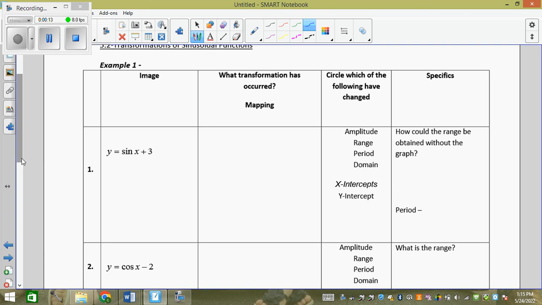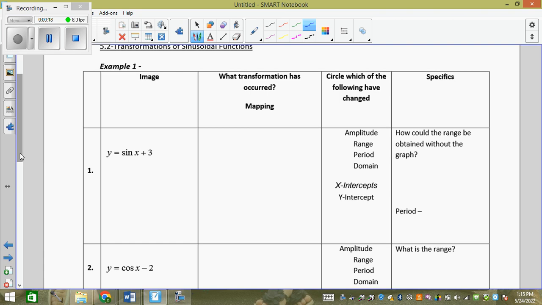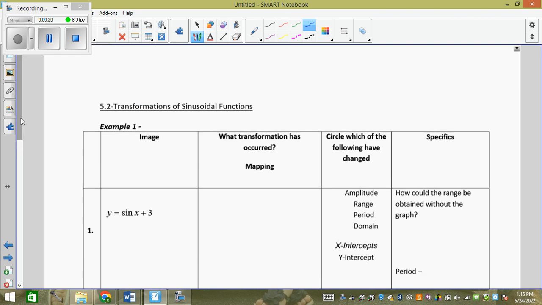Nothing crazy about here. The only difference is the wording. We'll go y equals a sine b x minus c plus d. So the only difference in these: vertical stretch, reflection in the x, horizontal stretch, reflection in the y.